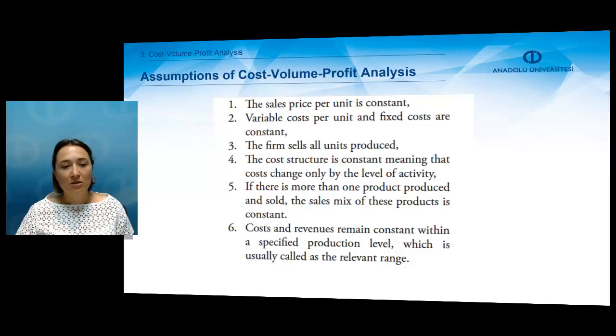The fifth assumption is that if more than one product is produced and sold, the sales mix of these products is constant.